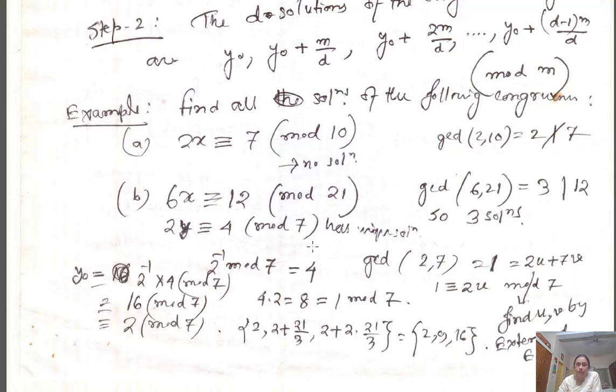If the modulus is very small, then by exhaustive search you can easily find the inverse like this. But if instead of 7 it is a 4-digit number, suppose 7777, 2 inverse modulo 7777, how to find that?